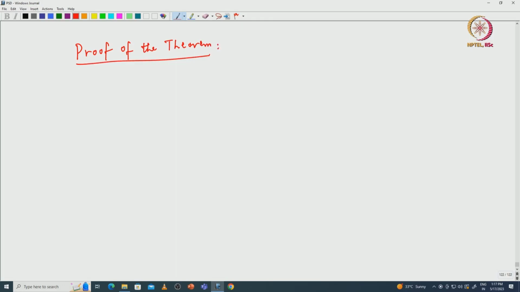Okay. So, suppose f is in H1 omega and trace is 0. So, remember the smoothness of the boundary. Okay.